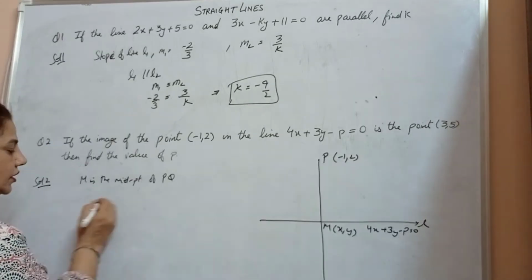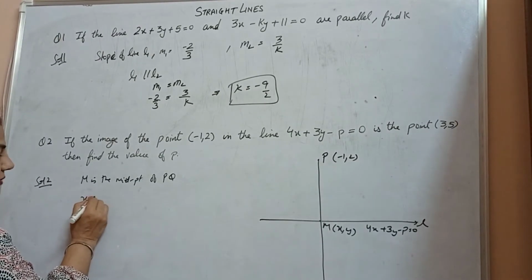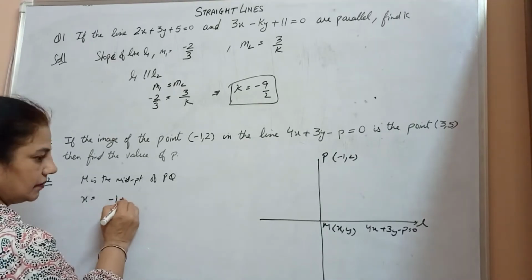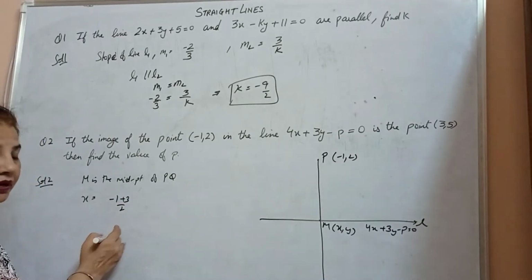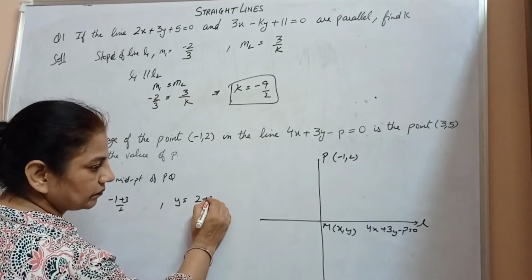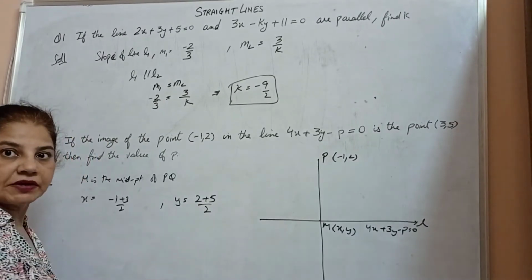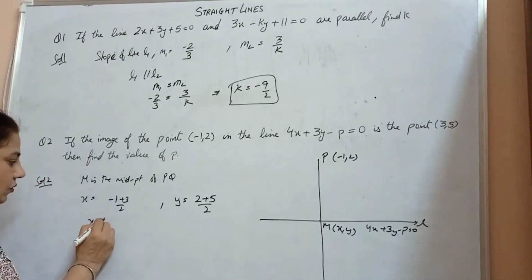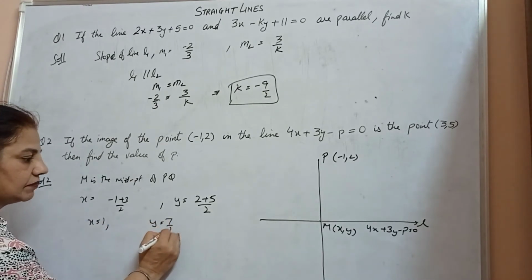So by midpoint formula, x is minus 1 plus 3 by 2, x1 plus x2 by 2, and y is 2 plus 5 by 2, y1 plus y2 by 2. So here we have x is equal to 1 and y is equal to 7 by 2.